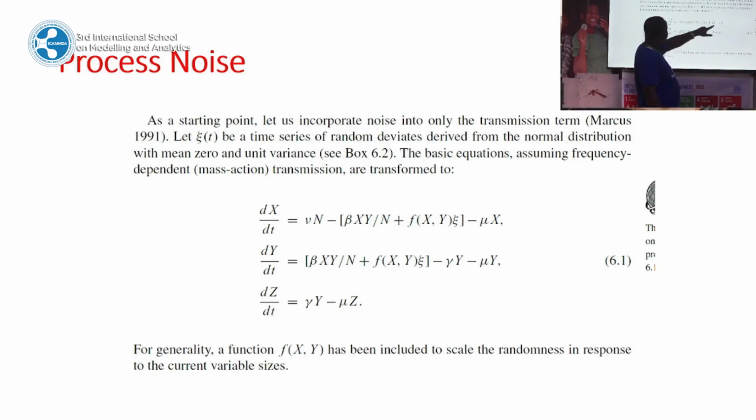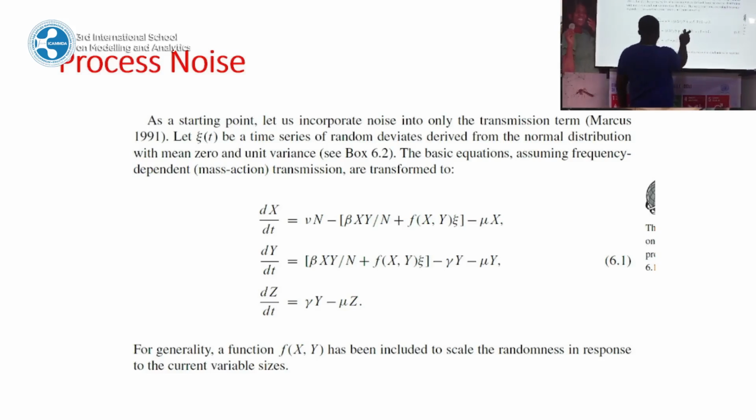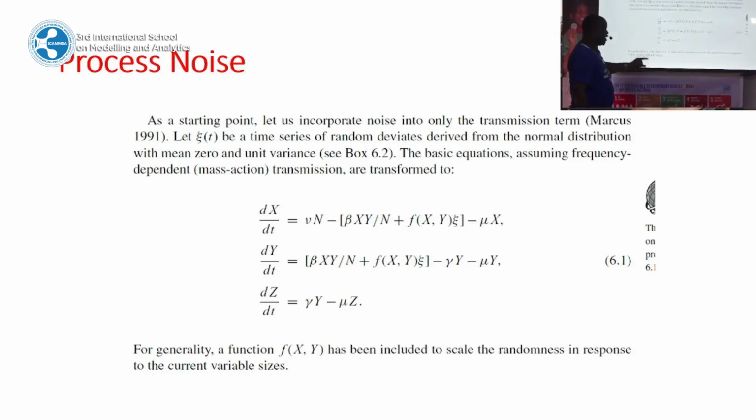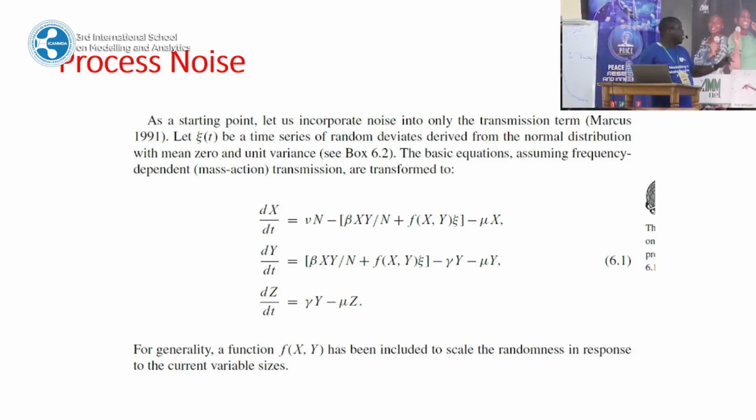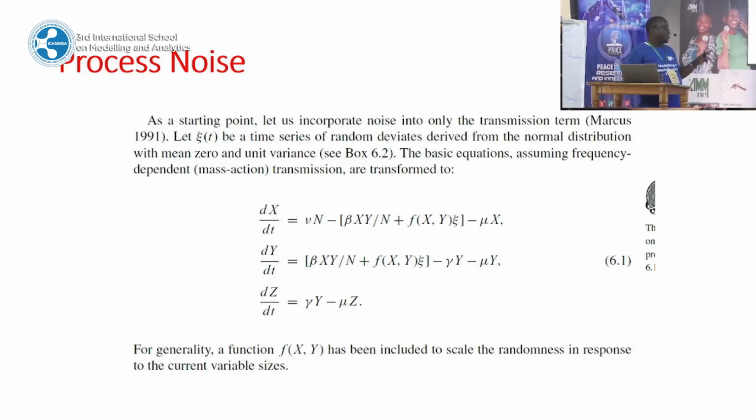Before, we had only your SIR model; we just changed the notation to X, Y, Z. So SIR is still SIR, just with changed notation. What we are doing is introducing stochasticity into this. So, for generality, a function f of x and y has been included to scale the randomness in response to the current variable size. So, I'm going to stop here.